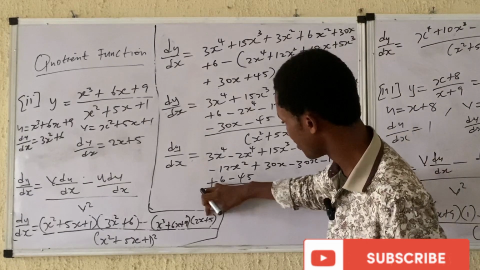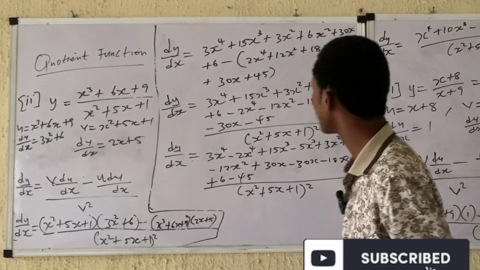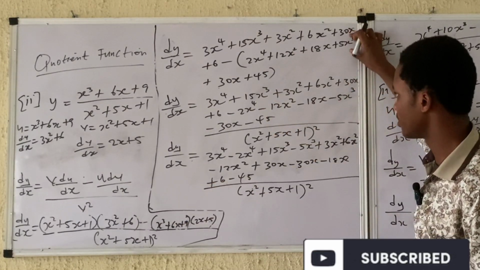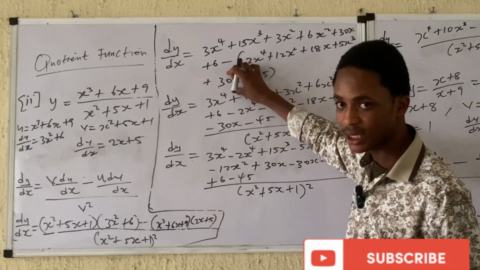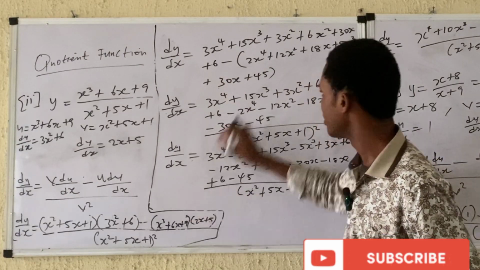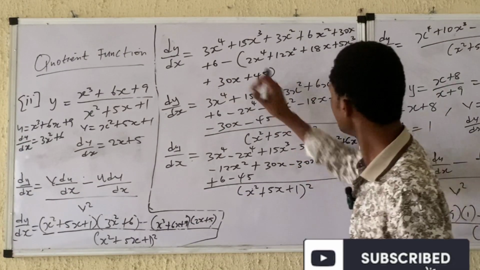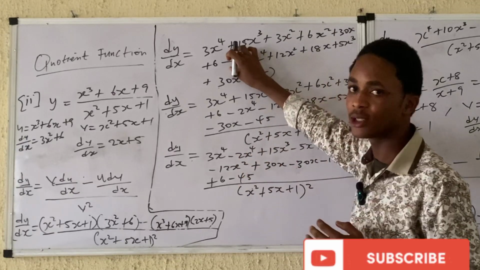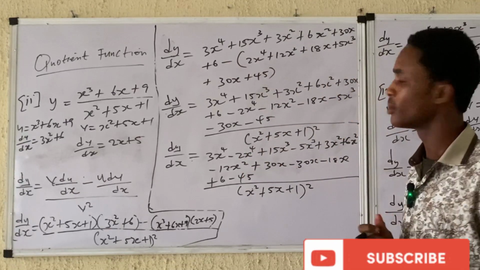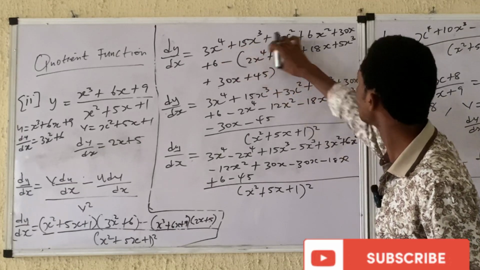Now the 5 part of it, 5 multiplied by 3x squared will give you 15x squared. 5 times 6x will give you 30x, while 5 times 9 will give you 45. Now remember that's inside a bracket. We use the negative sign to go through the bracket.